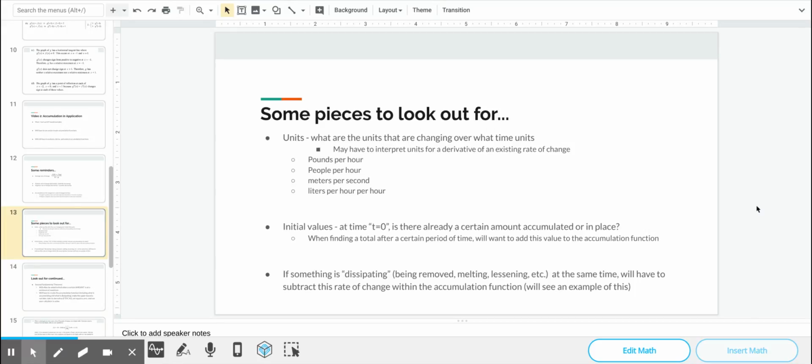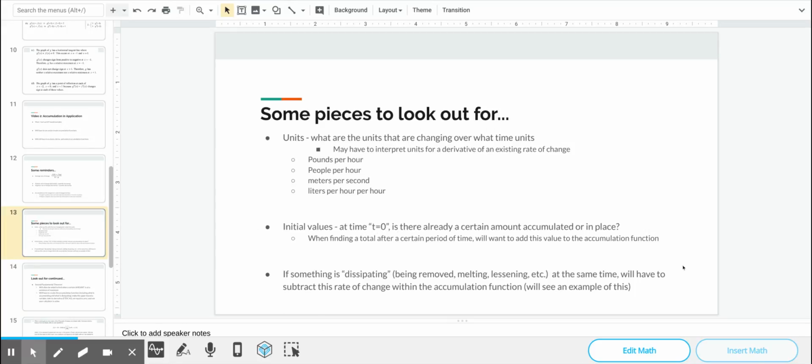And the most important piece of the problem that comes into play is if we have to find a total amount of whatever has accumulated or dissipated after a period of time, we're always going to have to add that initial value to the accumulation function in order to get the total amount over a certain period of time. Specifically, if we start at that time t equals 0.